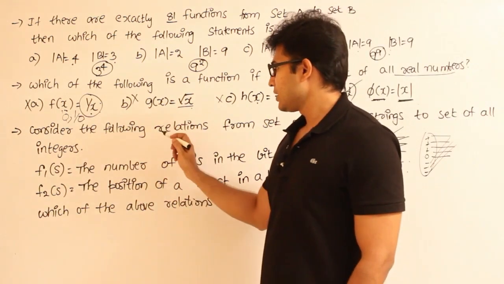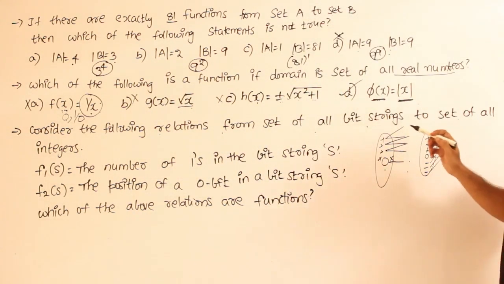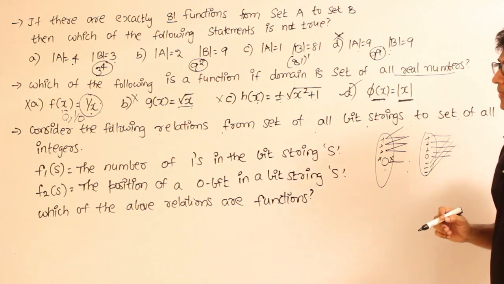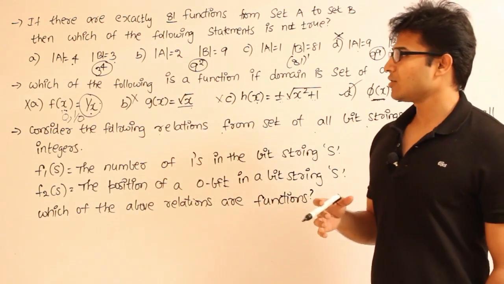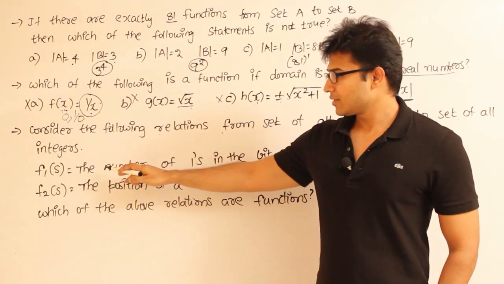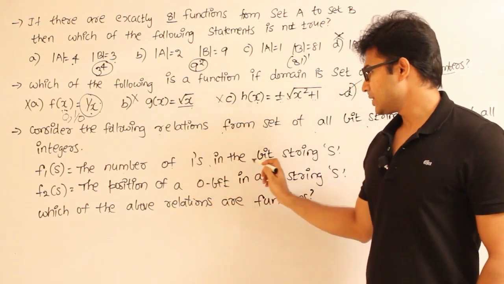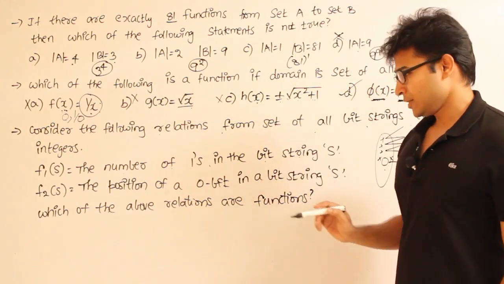Now see the next one. Consider the following relations from the set of all bit strings to the set of all integers. So they are talking about the set of all strings to the set of all integers. Then f1, which means the first function, is the number of ones in the bit string s.